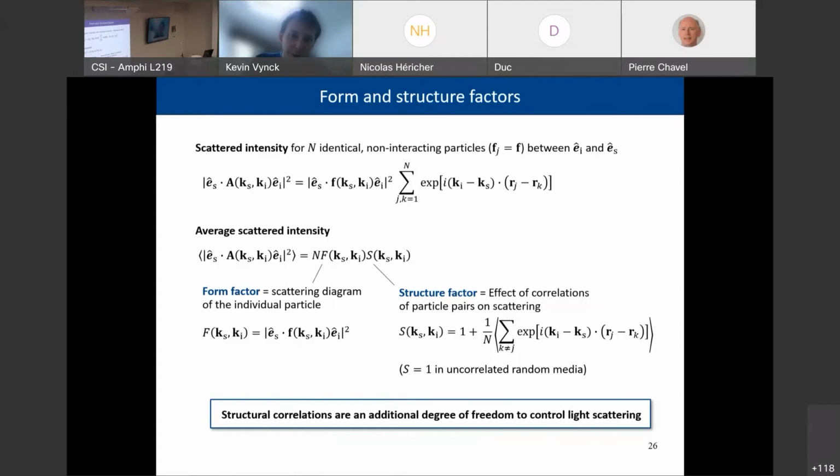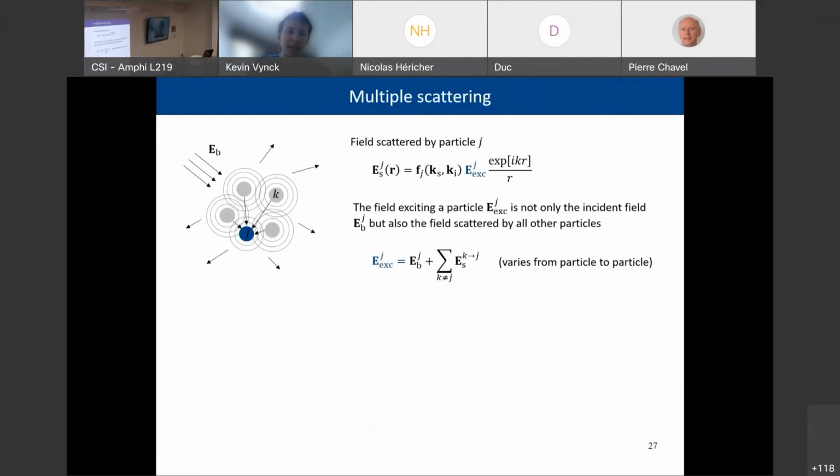But the structure factor that is related to the spatial distribution of the particles is also very important and constitutes an additional degree of freedom to control the light scattering. So in a way, the structure factor is giving a different weight to the scattering properties of the individual particles. And I will show some examples of that in a few minutes.